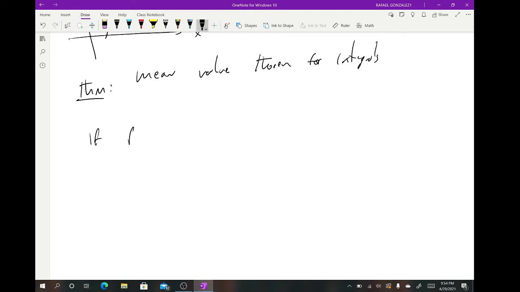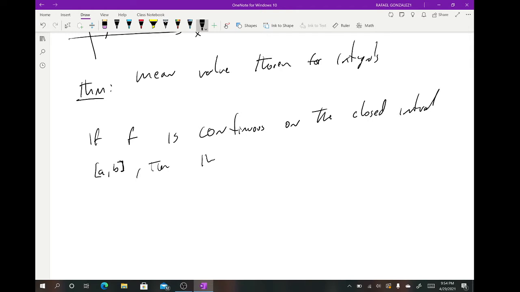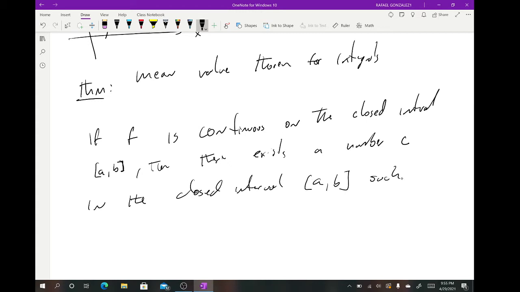So it says the following: if f is continuous on the closed interval AB, then there exists a number c in the closed interval AB such that the following is true.